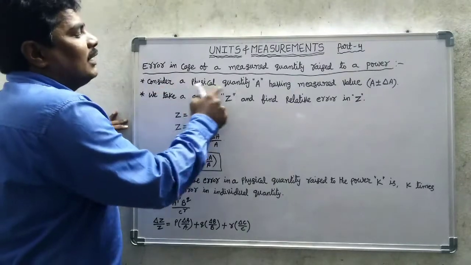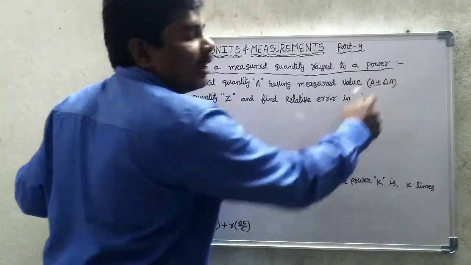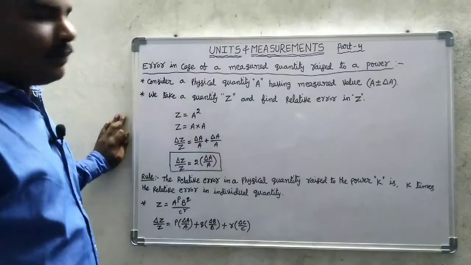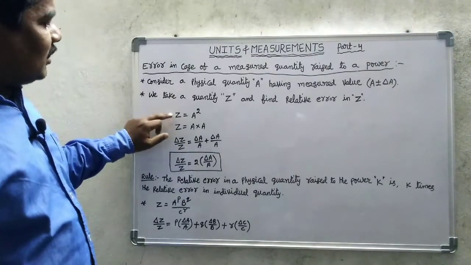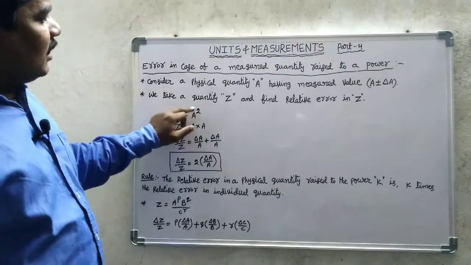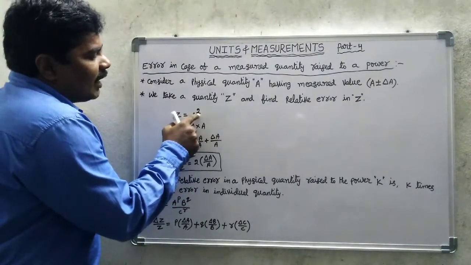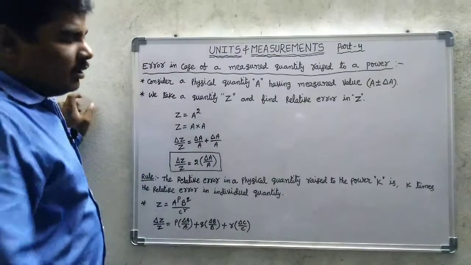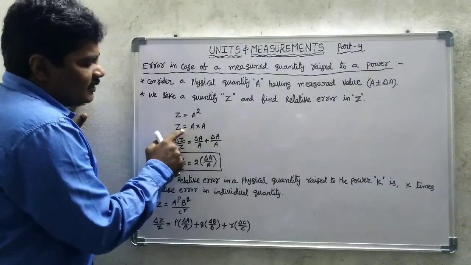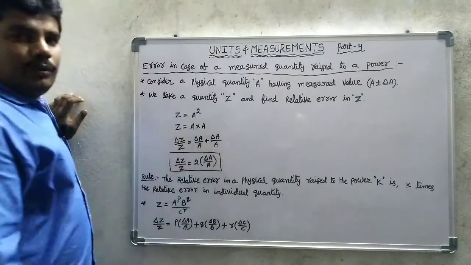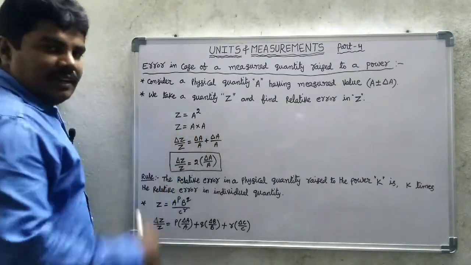So here we take a physical quantity A having the measured value A plus or minus delta A. We select the quantity Z as A square, meaning the physical quantity raised to some power. Here we take the power as 2. It can be written as Z is equal to A into A. Here the two physical quantities are multiplied.